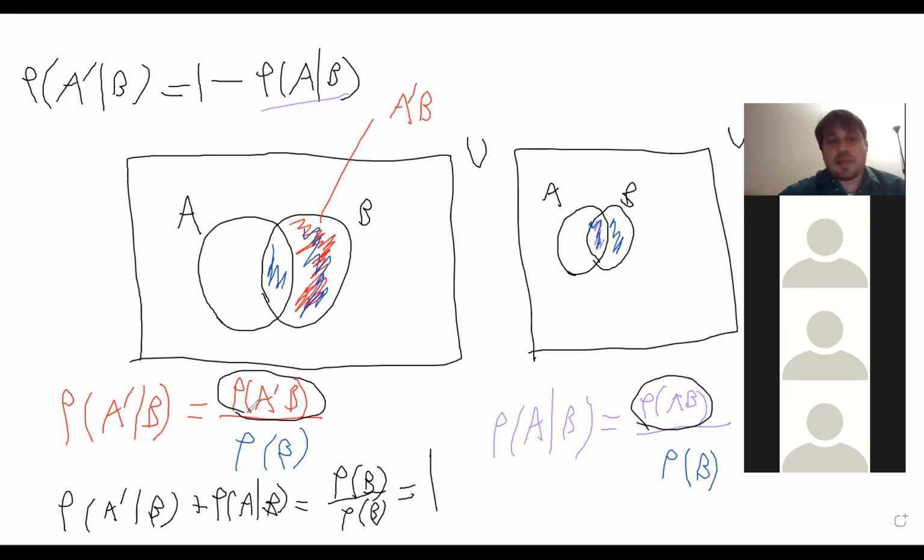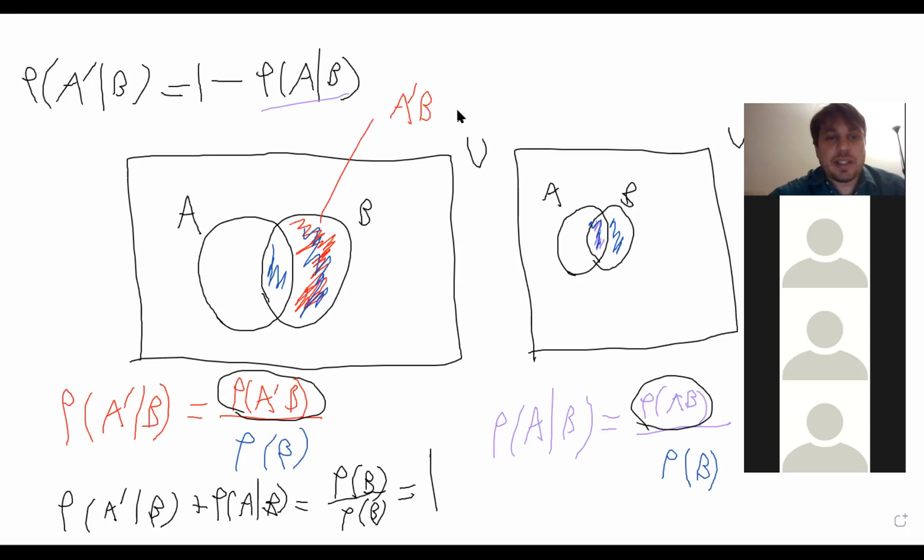That's because the probability of A prime B plus the probability of AB is equal to the probability of B. The probability of the red region plus the probability of the purple region is equal to the probability of the entire circle B, because they're disjoint, but together they're all of B. Make sense? Okay.